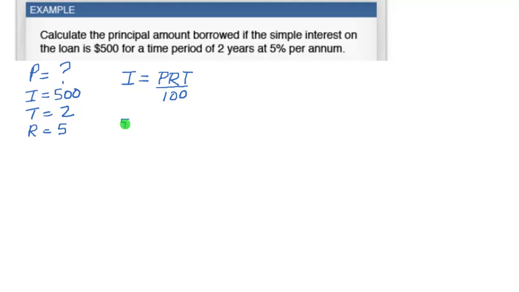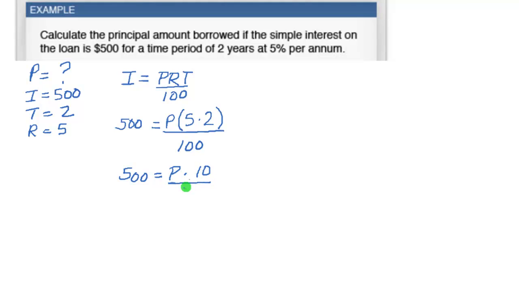We have 500 equals, we don't know P, looking for P, times R, which is 5, times T, which is 2, divided by 100. Okay, so we're going to multiply these two first. Here we have 500 equals, 5 times 2 is 10. So P times 10 over 100, right?